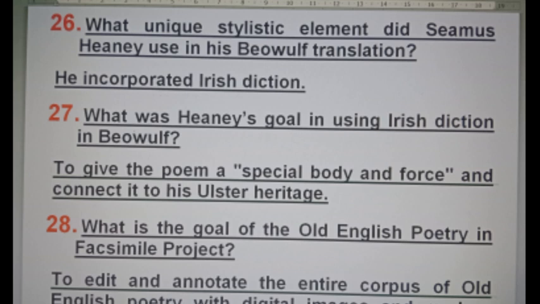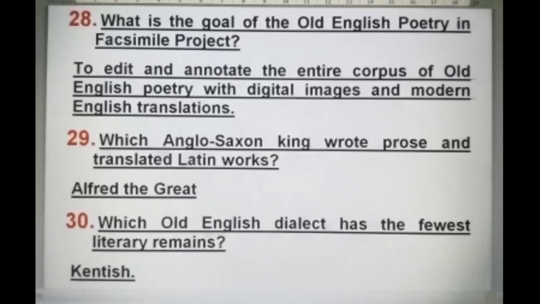What is the goal of the Old English Poetry in Facsimile project? To edit and annotate the entire corpus of Old English poetry with digital images and modern English translations. Which Anglo-Saxon king wrote prose and translated Latin books?